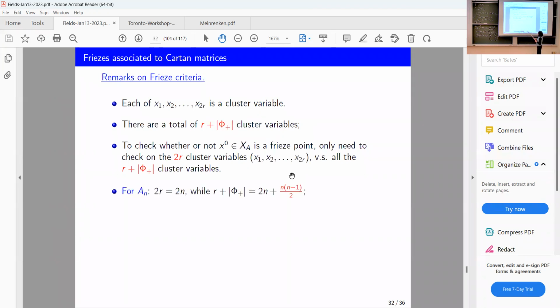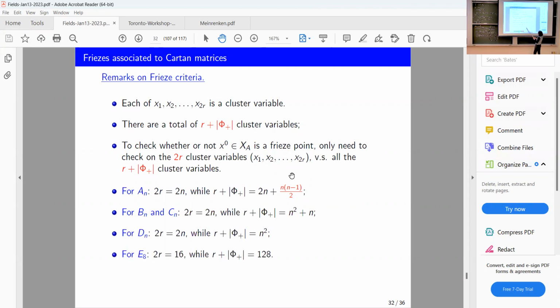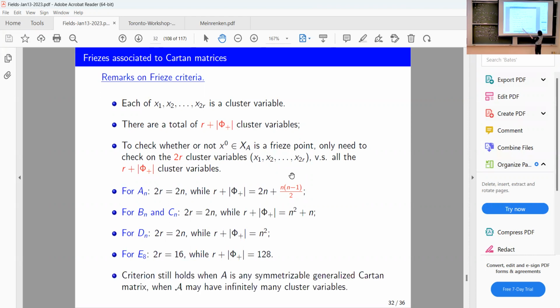For A_N, 2R is 2N, and the number of cluster variables is way bigger. For E8, for example, you have this number of coordinates and this number of cluster variables. But what is amazing is that this also holds for the infinite type.